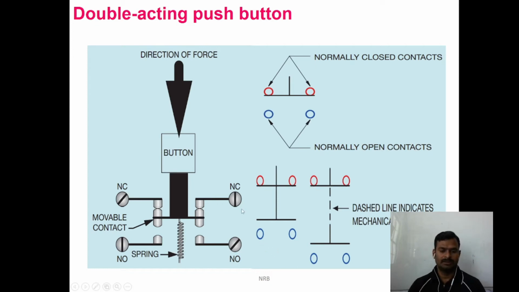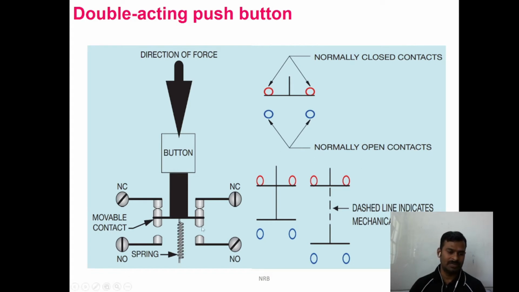In some applications we will use both of them, one NO and one NC. NO is used to start one particular machine, and the NC is used to interlock the second machine, or second direction. Sometimes forward and reverse will be there. When you operate in forward, the reverse control circuit ladder should be open, or broken.